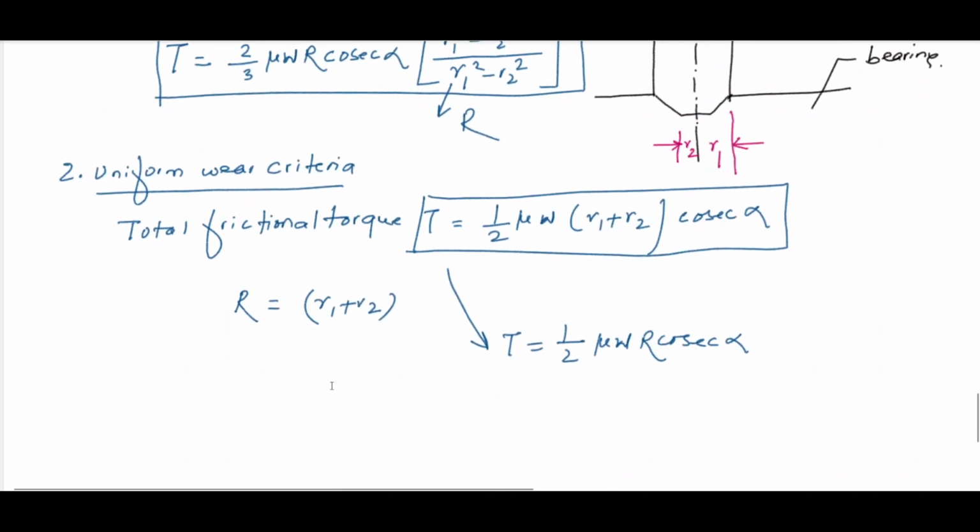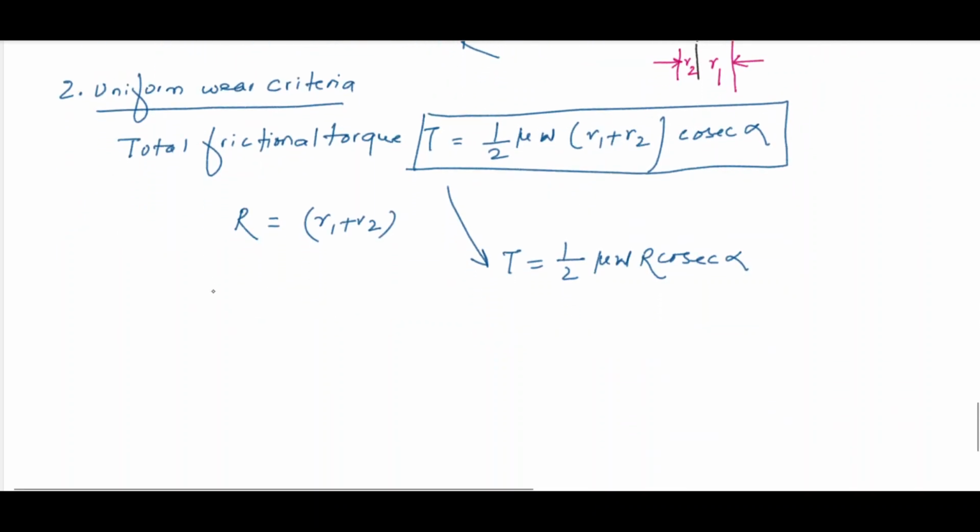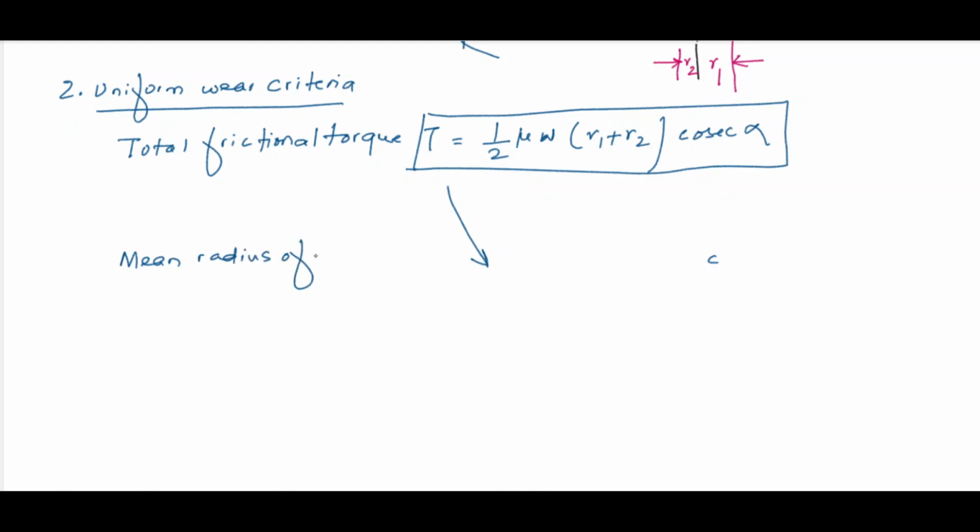Remember this. Or you can mention it like this: if you take the mean radius of bearing, R will be equal to R1 plus R2 by 2.